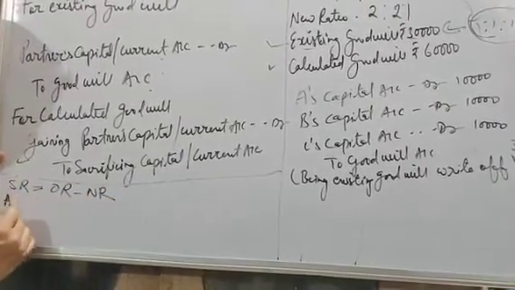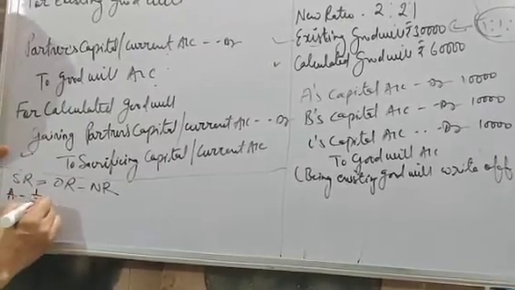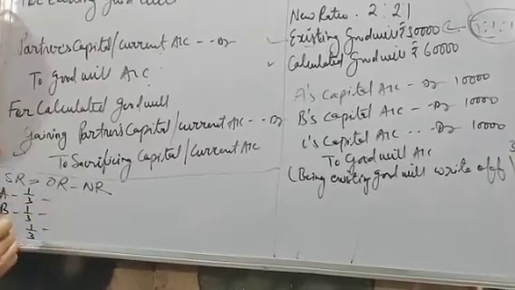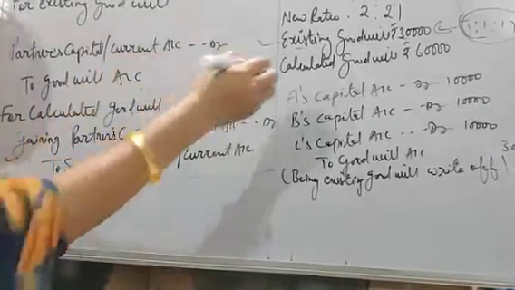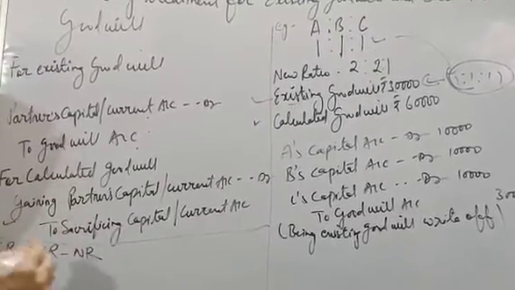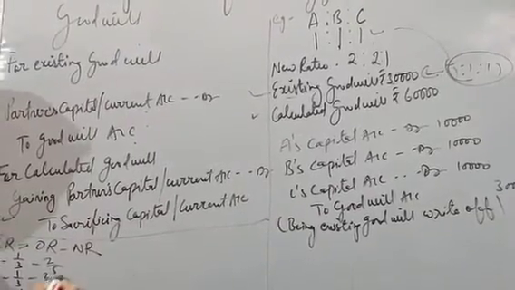So three partners are here, A, B, C. Their old ratio is 1/3, 1/3, and 1/3. Now their new ratio is 2:2:1, it is given here. 2+2+1 means 5. That is 2/5, 2/5, and 1/5.